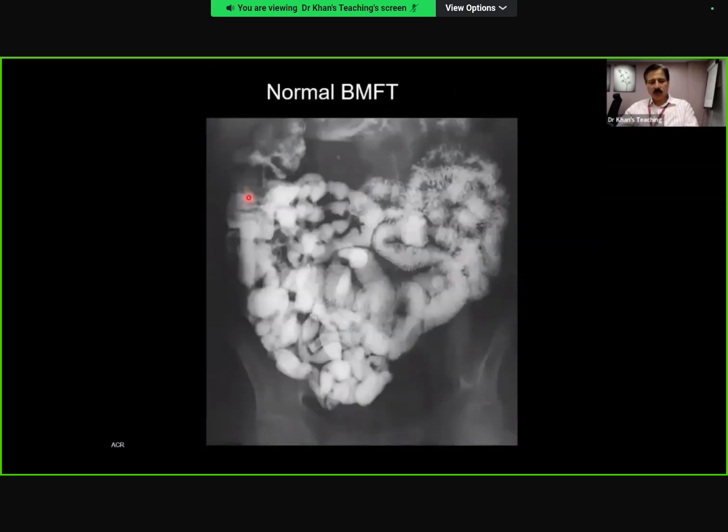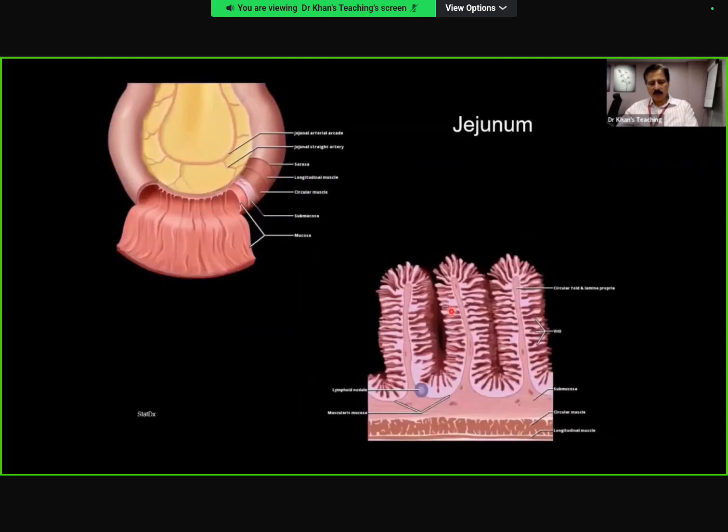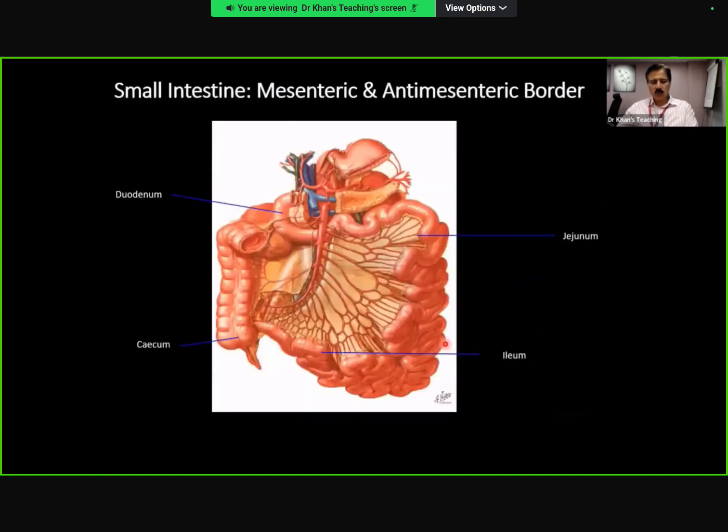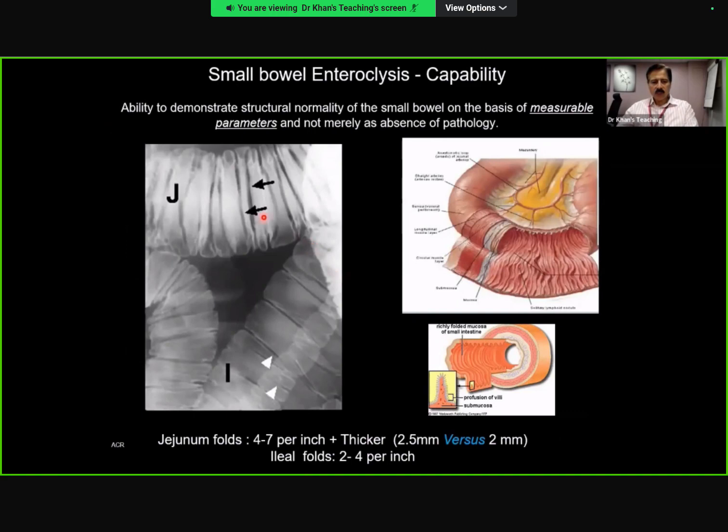If I show you this diagram, this is that valvula conniventes, and this thing here is the space where the barium is. This is known as the interspace, right? So this is the mucosal fold. This black thing is the thickness of the mucosal fold.